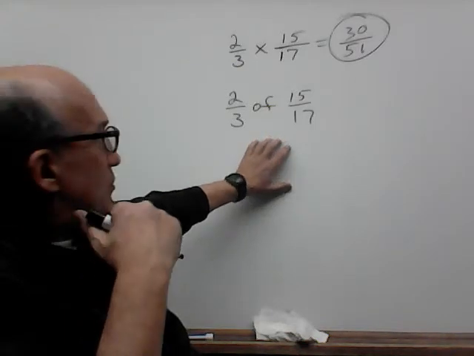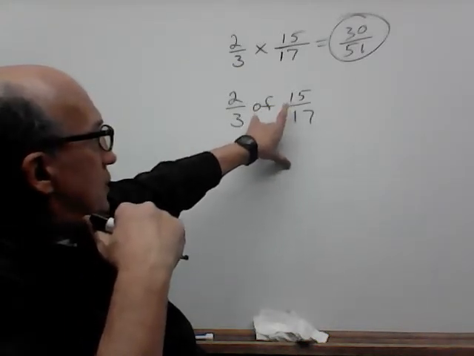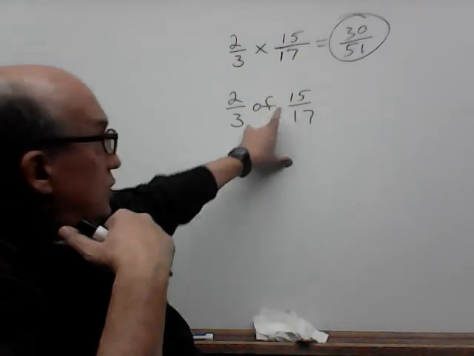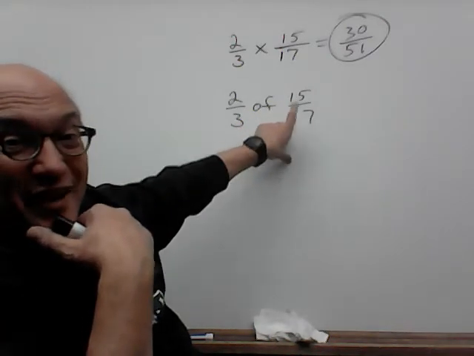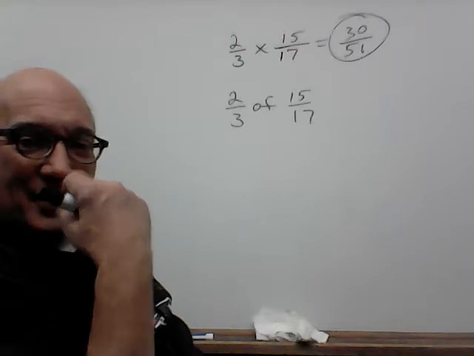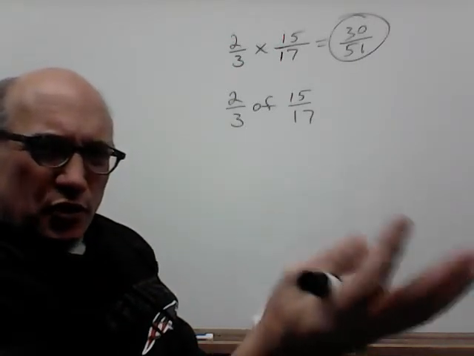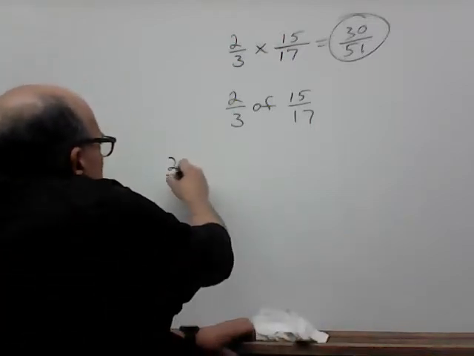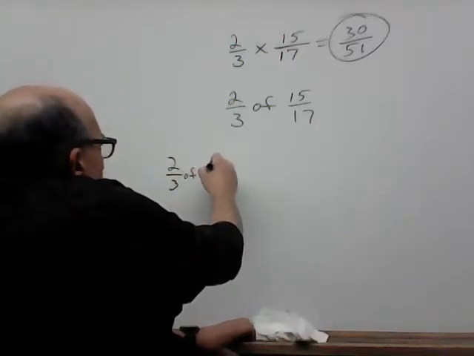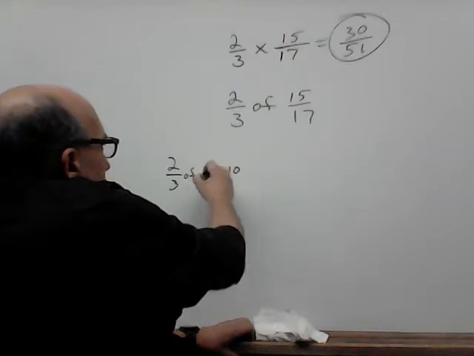And as I said a moment ago, this 15 here in the numerator, the 3 down here, the denominator, is a factor of 15. So remember earlier we did 2/3 of 15? Remember that? 2/3 of the whole number 15 is 10.